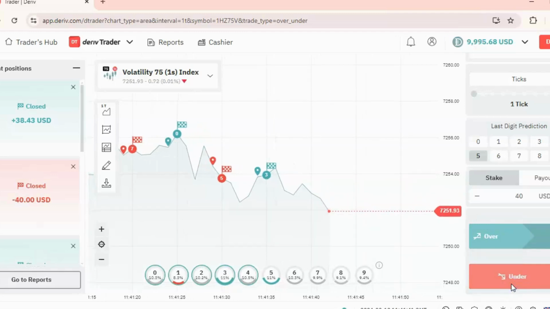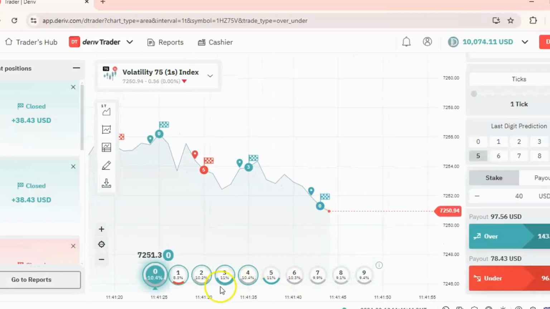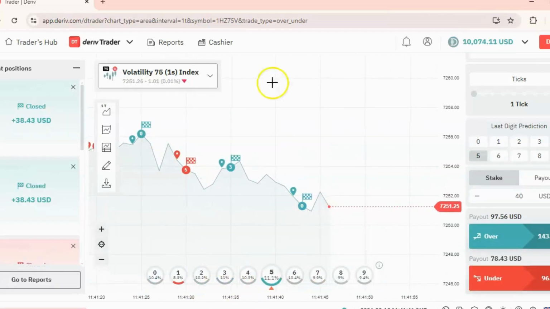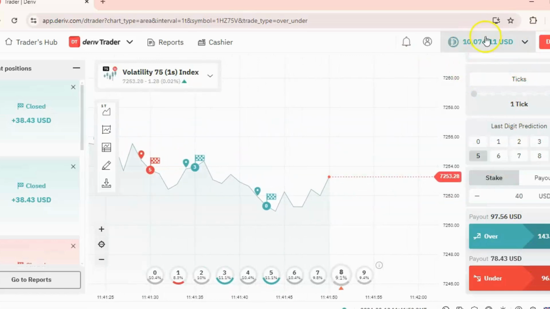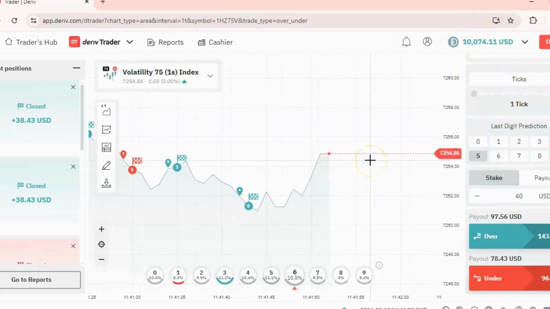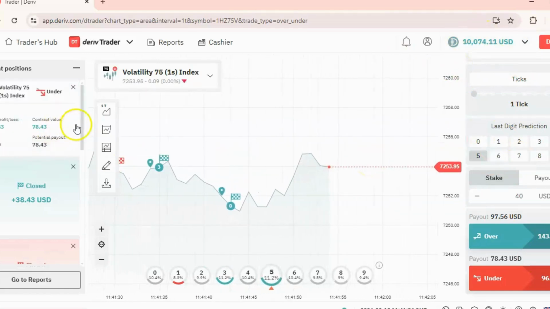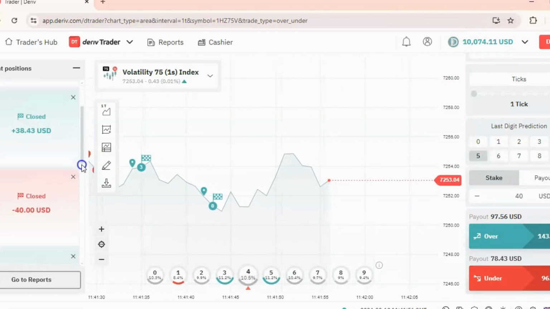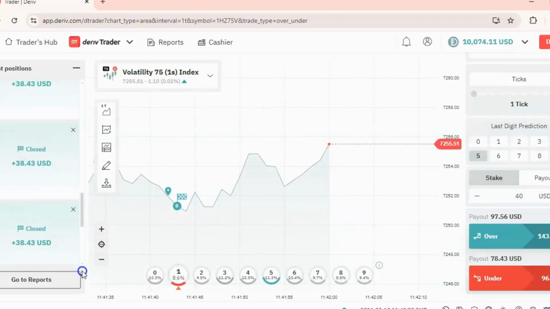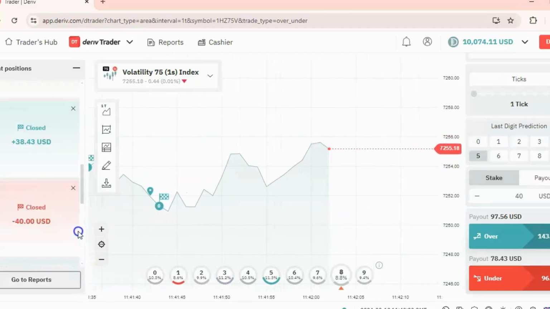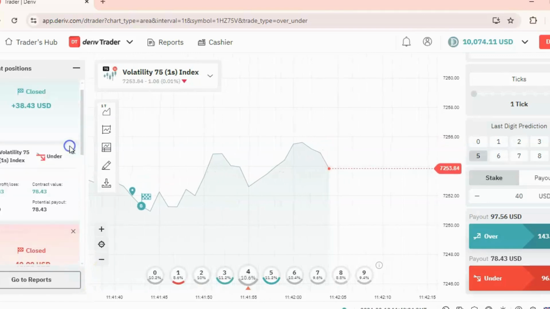It's a good market right now, although they are trying to balance this over. But as you can see here, my demo was about 9,000 and I have already made maybe over 100 USD. So I told you, make sure you try this strategy on your demo before you go to your real account and start.